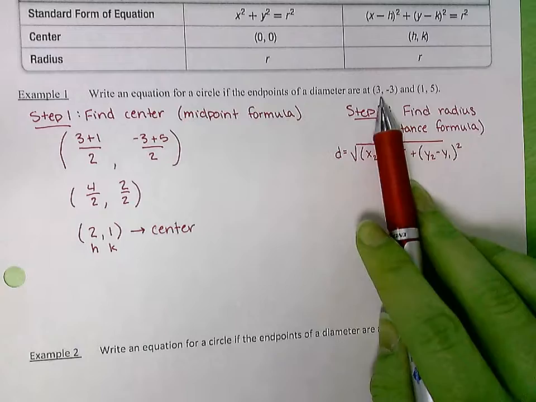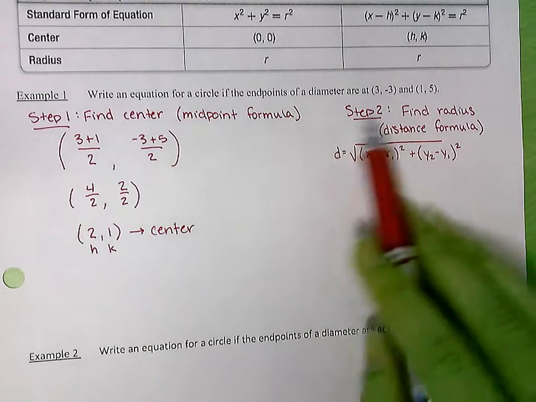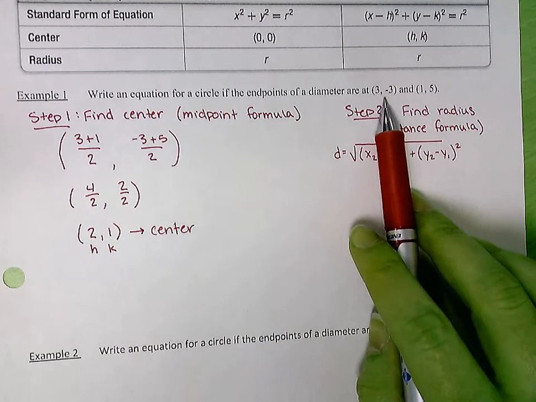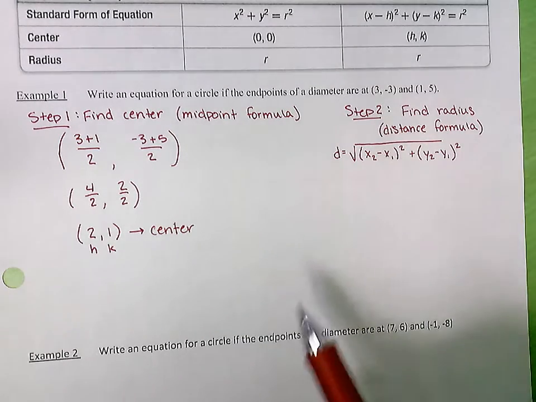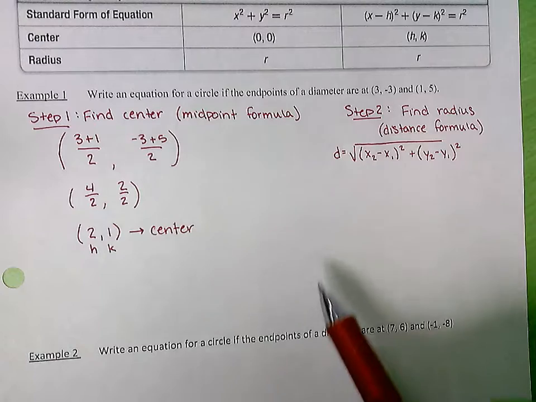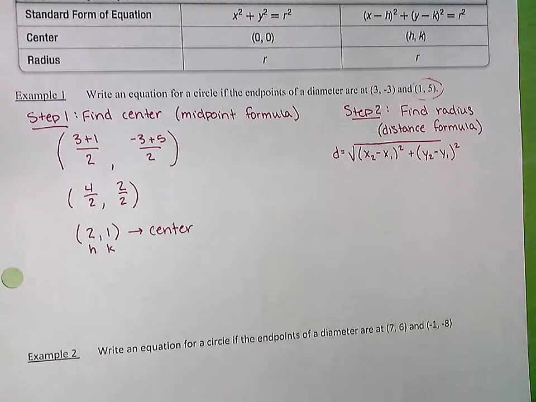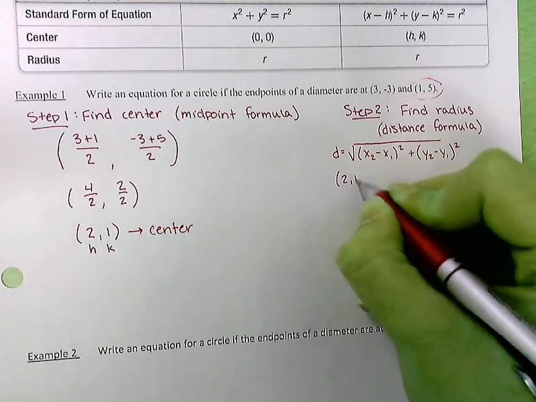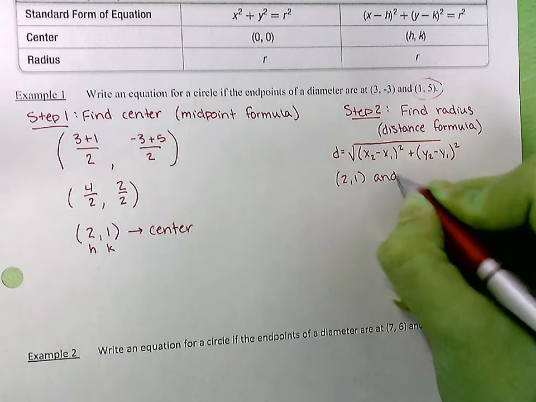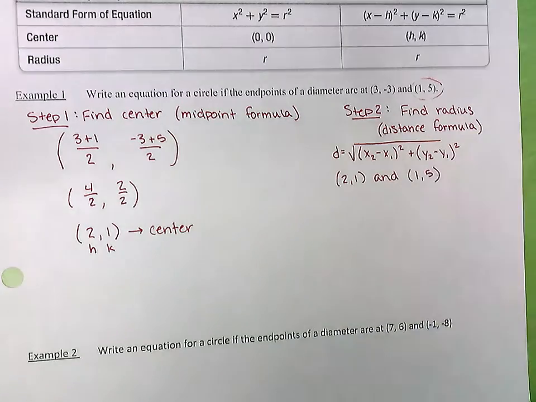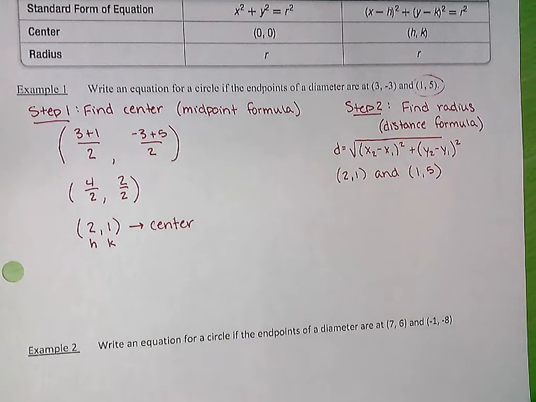It doesn't matter which one, as long as you're using the center and then one of your diameter endpoints. Okay, so I'm going to use (1, 5), and I'll use (2, 1). So these are my 2 points that I'm going to use.